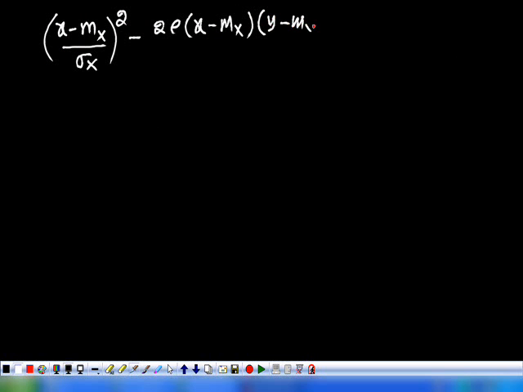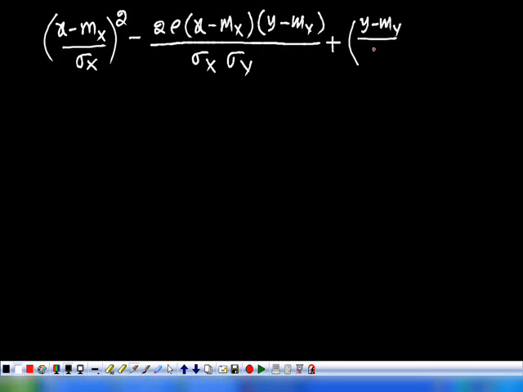Is x minus mx divided by sigma x whole square minus 2 rho x minus mx into y minus my divided by sigma x sigma y plus y minus my divided by sigma y whole square. Let this be equivalent to c square. I am letting it be a constant, where c is a constant.